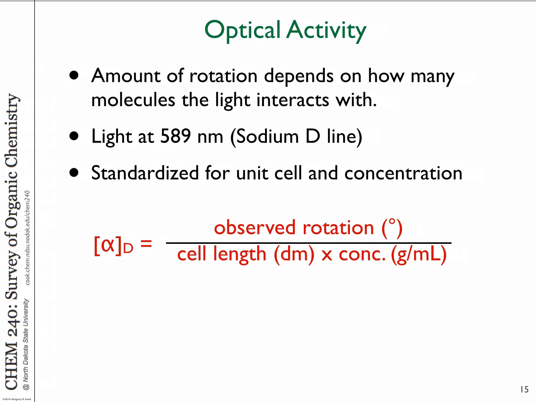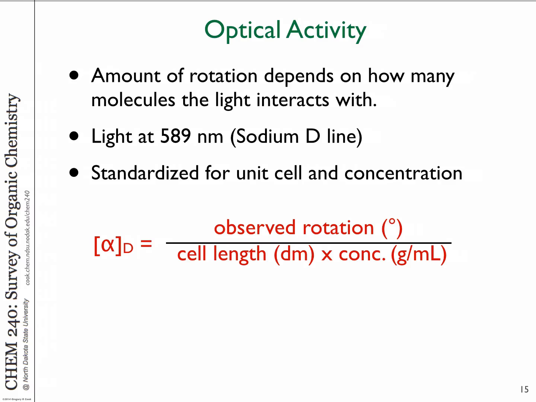The instruments are actually looking at a specific wavelength of light called the sodium D line, 589 nanometers. That's just what the instruments measure these days. And then they simply standardize it based on the length of the cell, how long the light has to pass through, and the concentration, because that then factors out the number of molecules it actually hits. If you change the concentration or change the length, you're going to hit more or fewer molecules, right, as the light goes through.